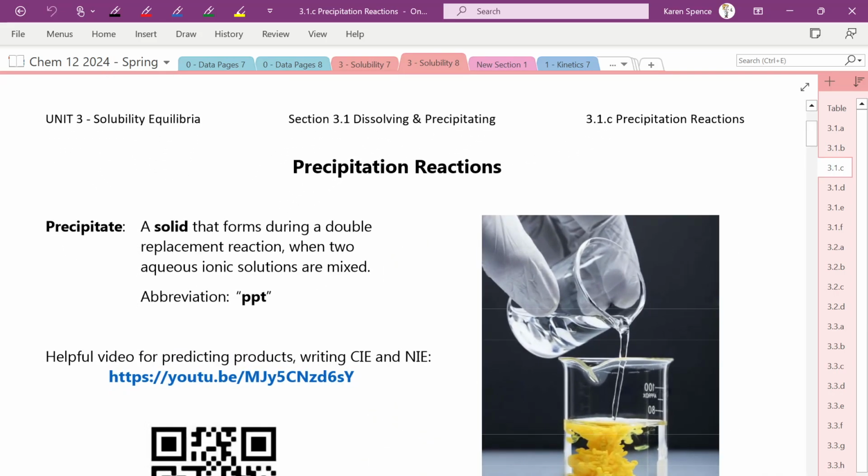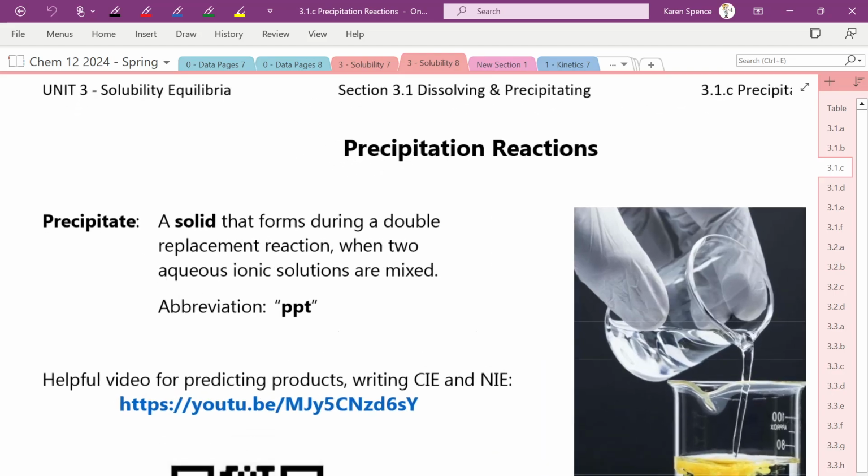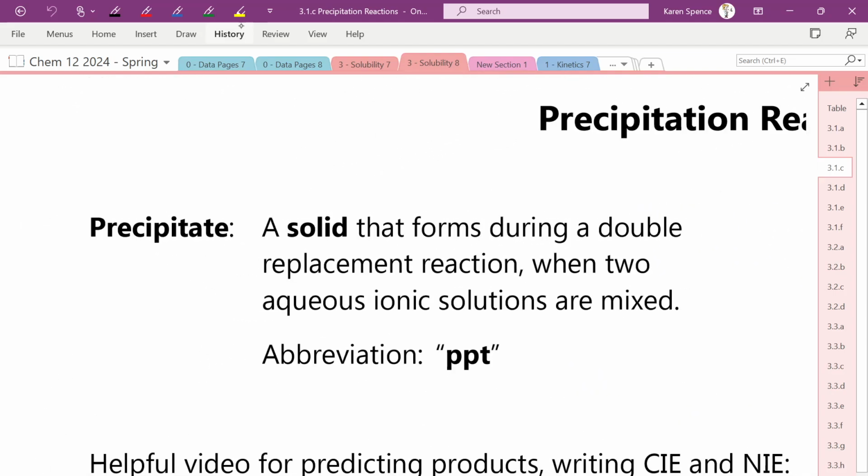precipitation reactions. Do you remember seeing these before at the beginning of semester? Yes. Okay, good. So let's remind ourselves of the word precipitate. The precipitate is the solid that forms in a double replacement reaction when we mix two aqueous ionic solutions.